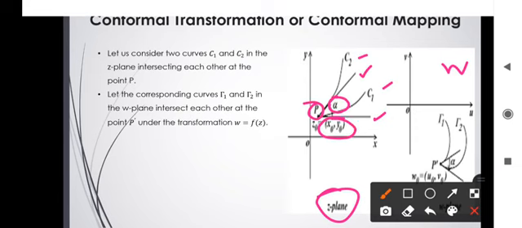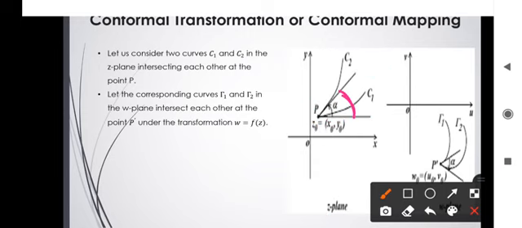These two tangents have an angle alpha between them. So this is the angle between the two curves C1 and C2 in the Z plane.